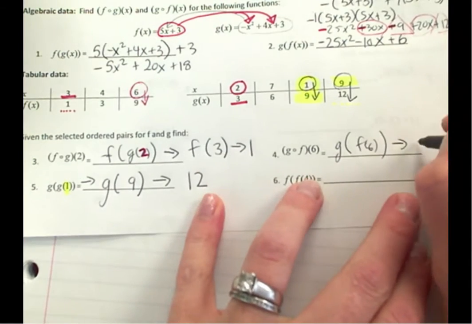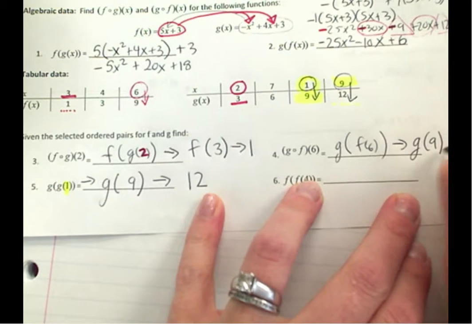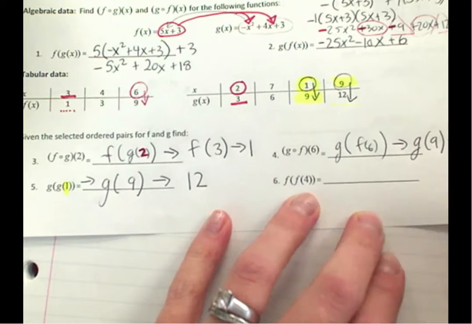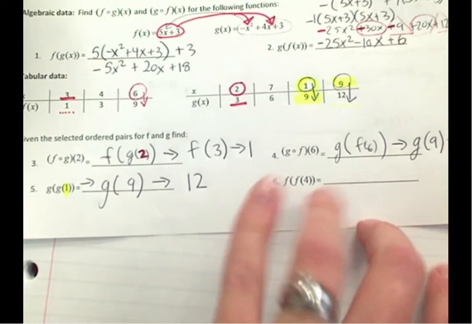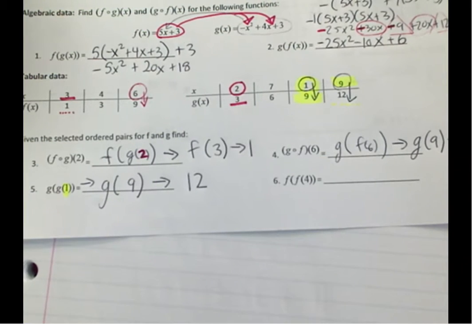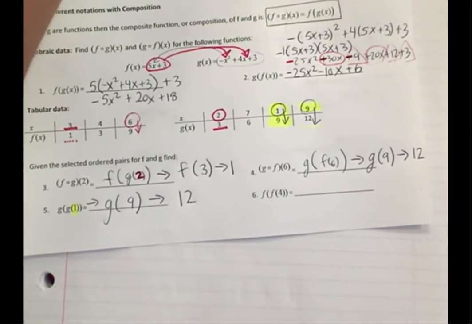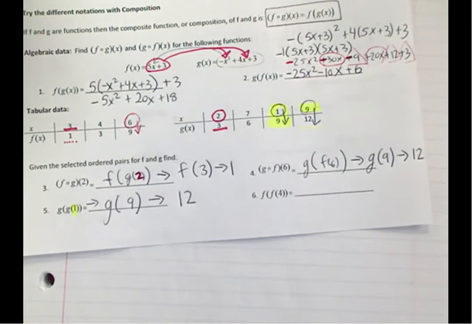Okay, G of 9. Where does 9 take me from the, takes me to 12. Oh, I got you. There you go. You can write equals there. I'm just doing the arrow to try to show you it's a chain of events.